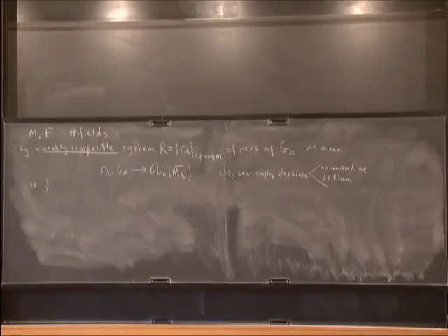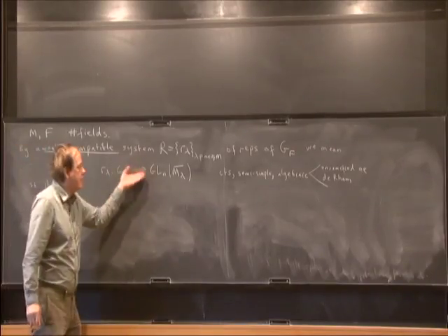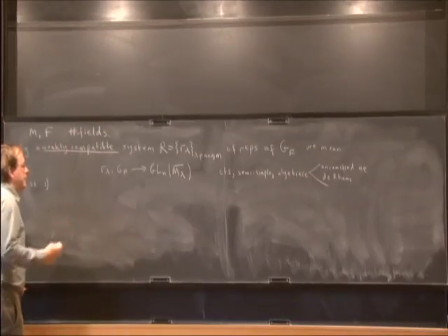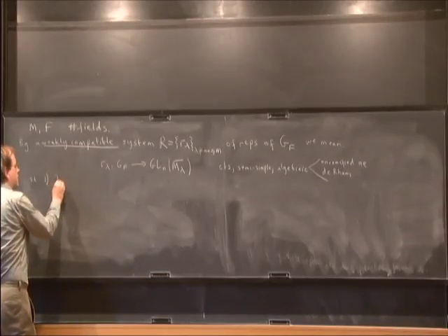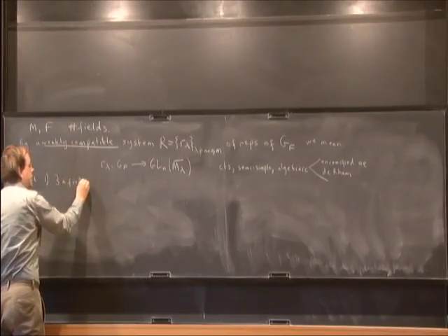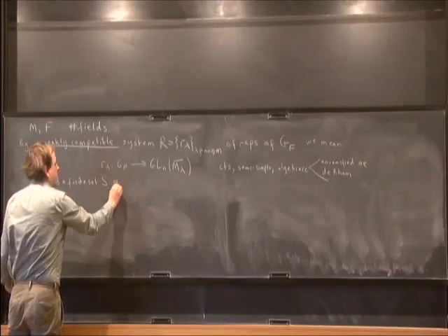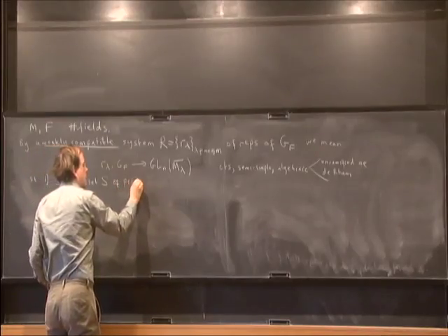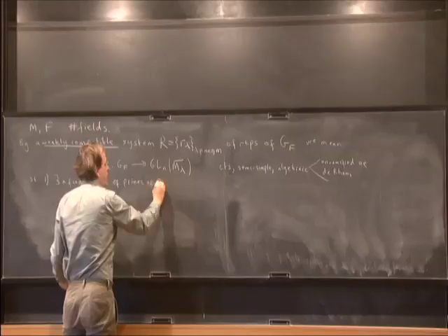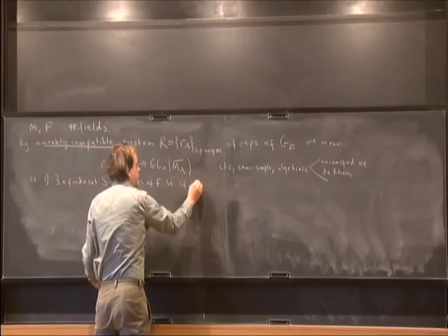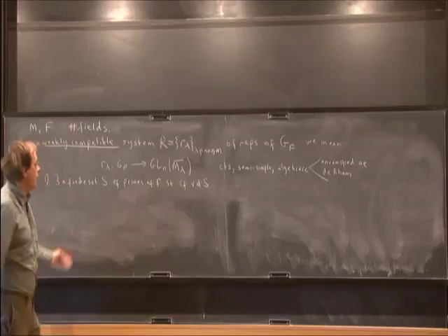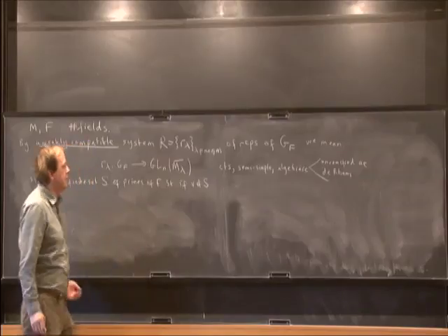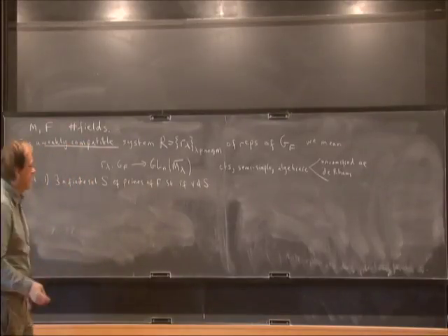The first way they must be consistent is that at places where they're unramified, the characteristic polynomials of Frobenius must be the same. So there exists a finite set S of bad places of F, such that if v is not in S, the representation should be unramified unless the residue characteristic of v is the same as the residue characteristic of lambda, where it should be the corresponding thing, which is crystalline.